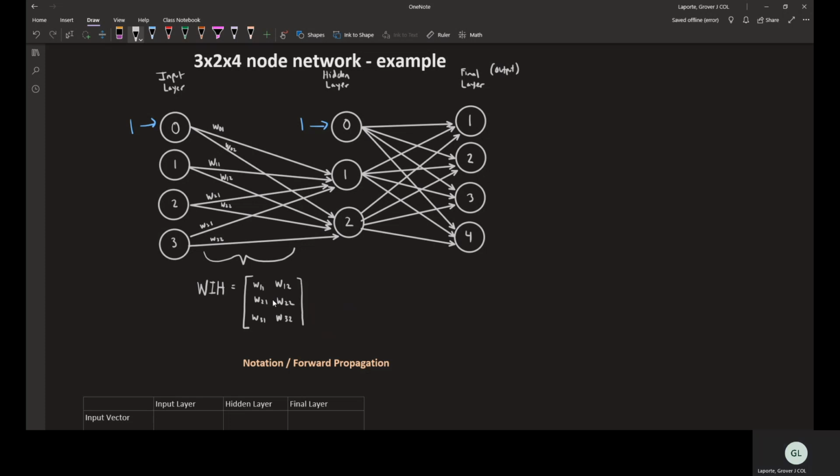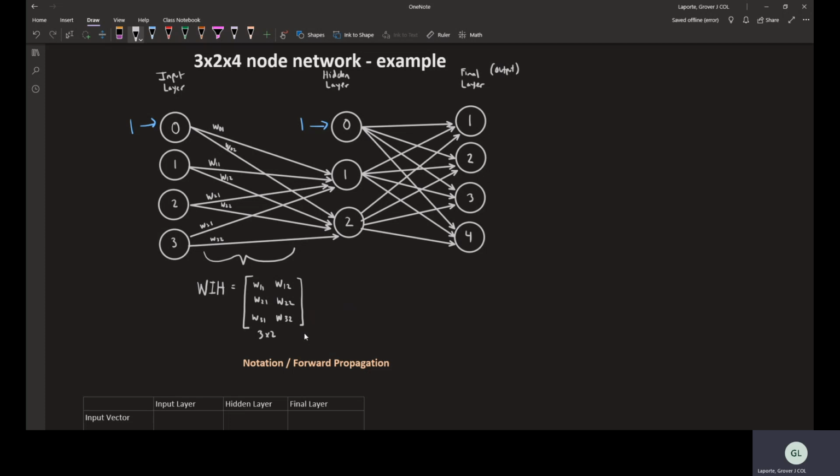Okay. So if you don't include your bias node, then we can write the matrix as a 3 by 2.